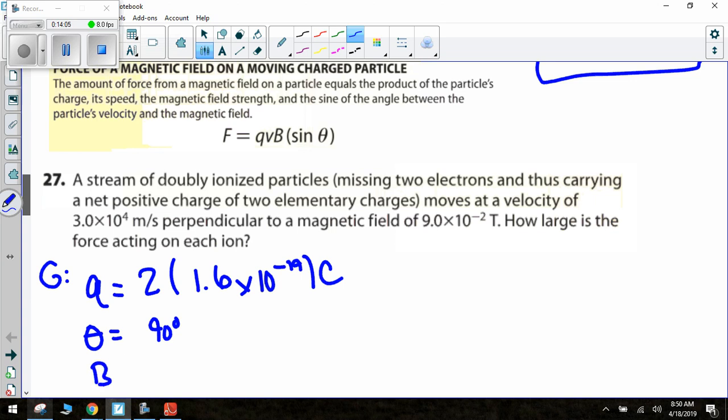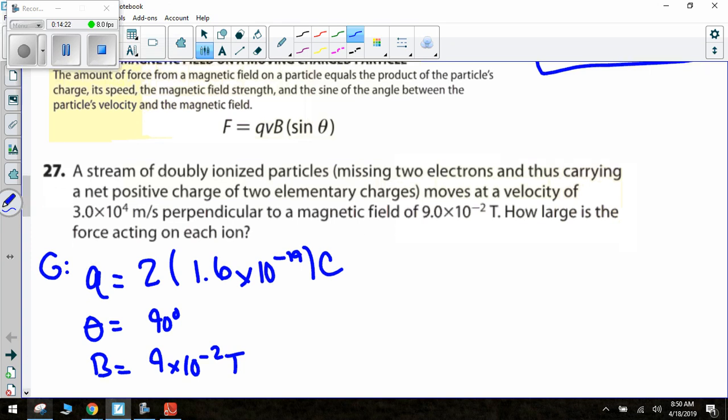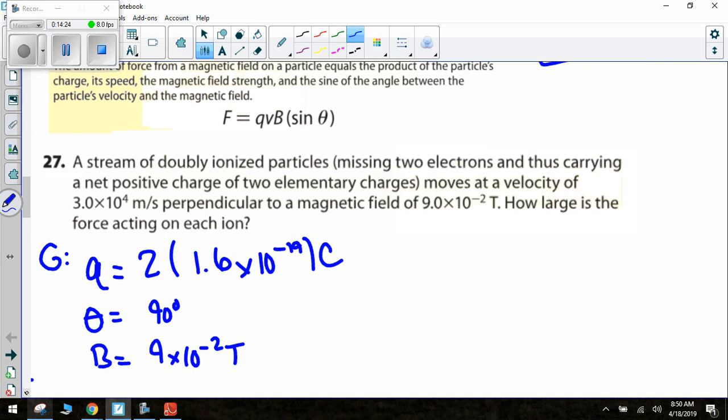It says the magnetic field is 9 times 10 to the negative 2. So that's B. 9 times 10 to the negative 2. And I missed one. What did I miss? I missed velocity. Okay, so I'll just scroll down a little bit more.